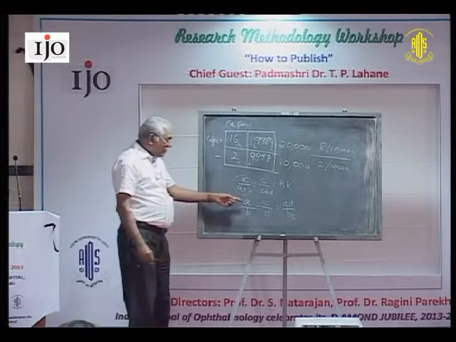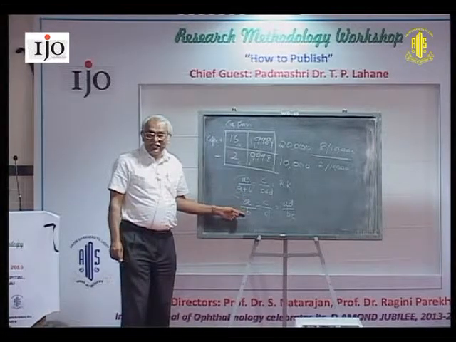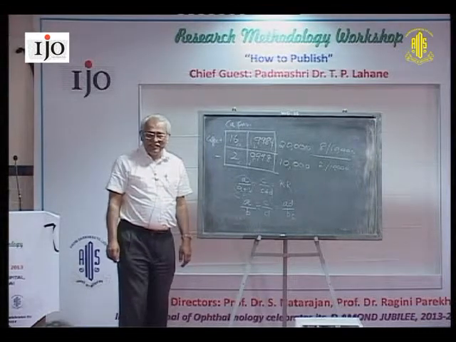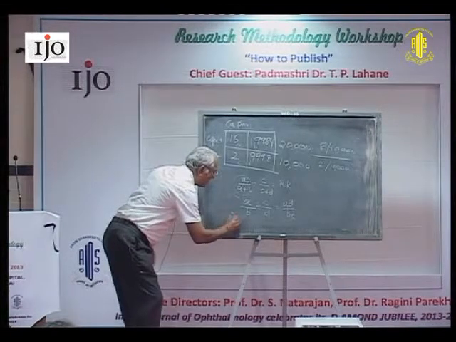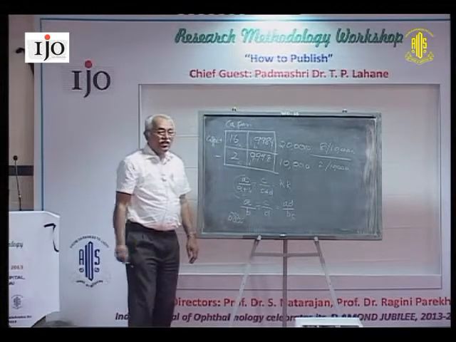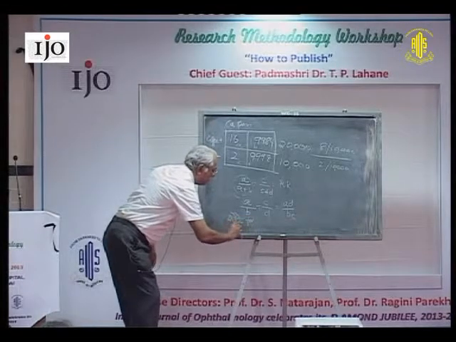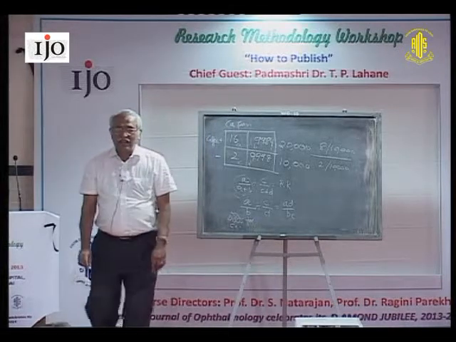You're dividing the number of people with cancer by the number of people without cancer among the coffee drinkers. It's an odd way of doing it, right? And that's why it's called odds. Odds for what? Odds for cancer pancreas among coffee drinkers. Okay?